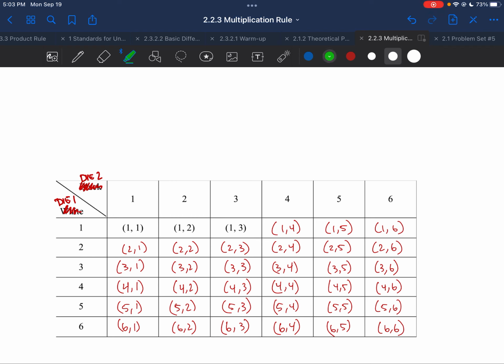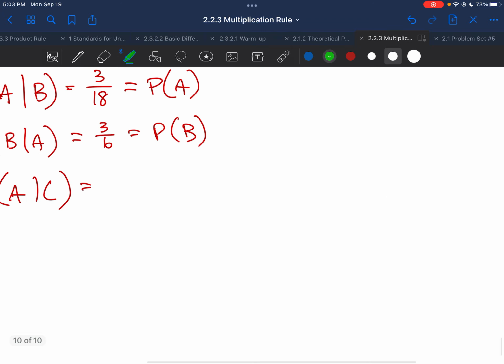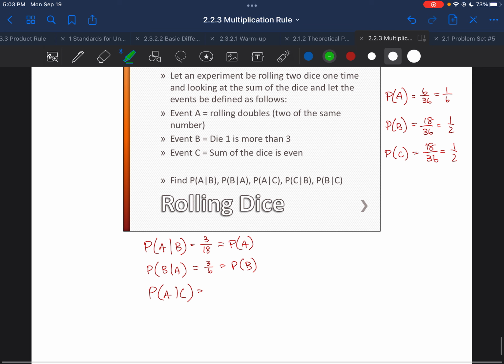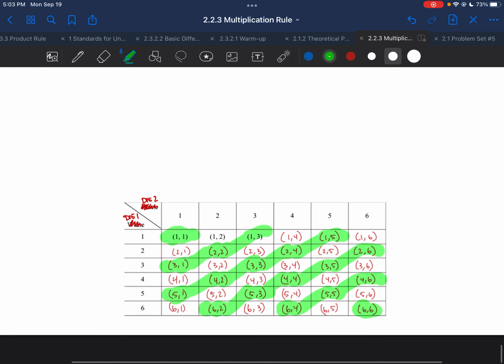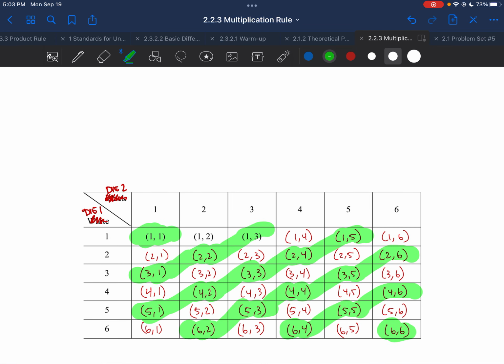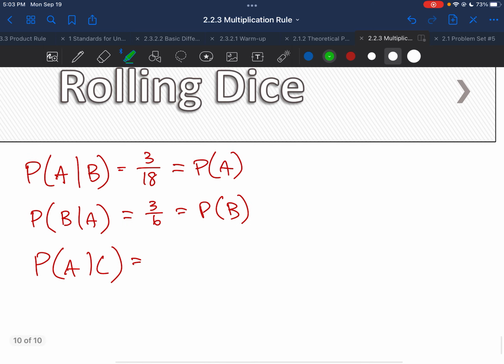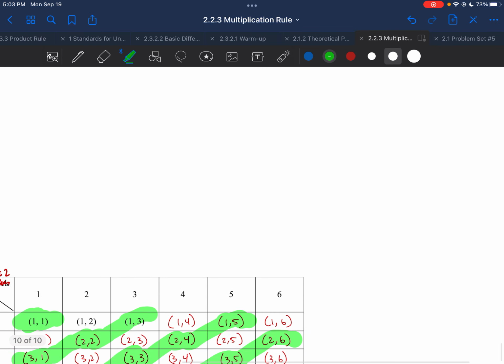My sample space is just these values here. I've essentially cut my sample space in half, and we found that there were 18 of those values before. So my sample space is now 18, cut in half, and we're looking for the probability that I rolled doubles.